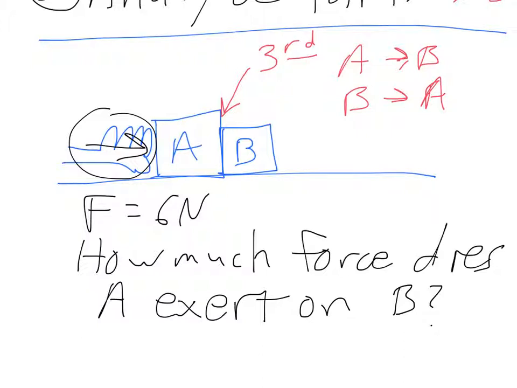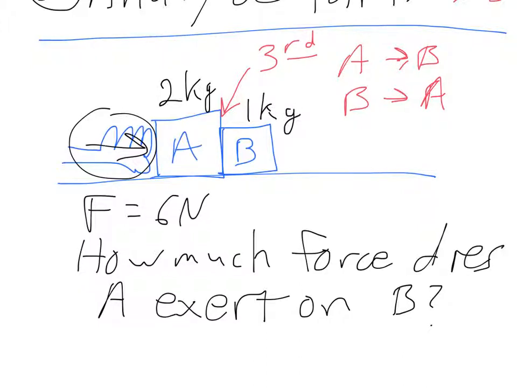And since that's a third law pair, A pushes on B, B pushes on A, I could ask you equally how much force does B exert on A, and you should get the same answer. There's one missing piece of information here. If I push with 6 newtons, we need to know how much mass that I am pushing. So let's say that A has a mass of 2 kilograms and B has a mass of 1 kilogram.